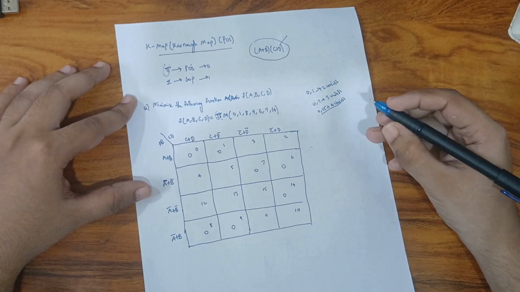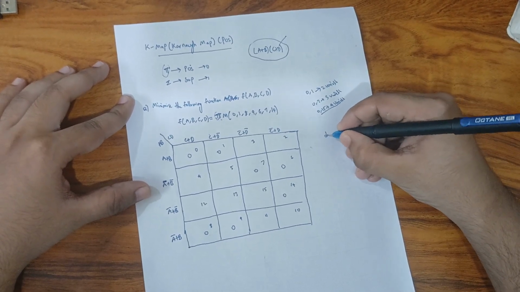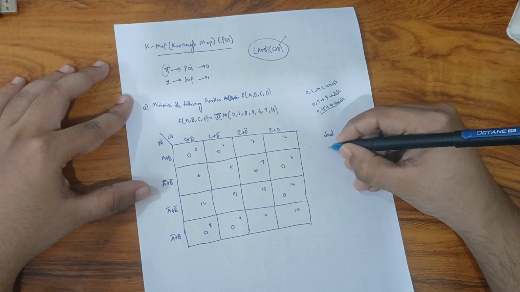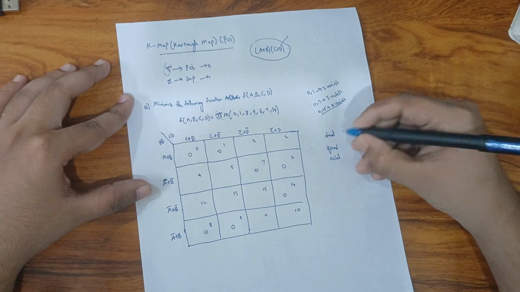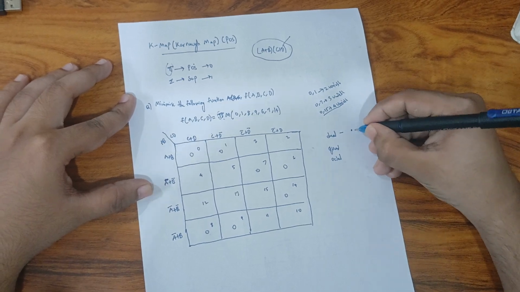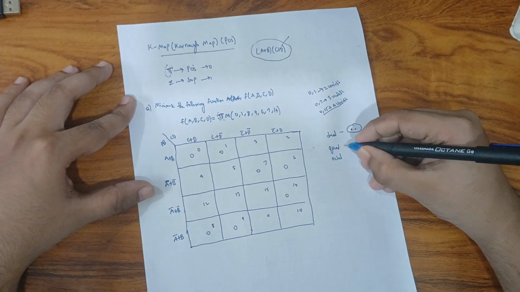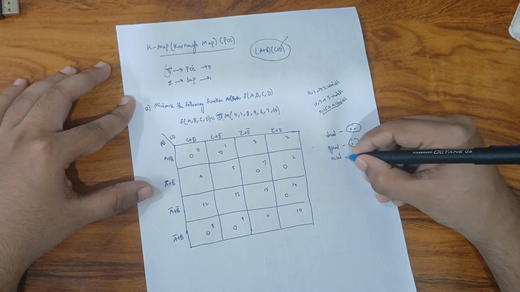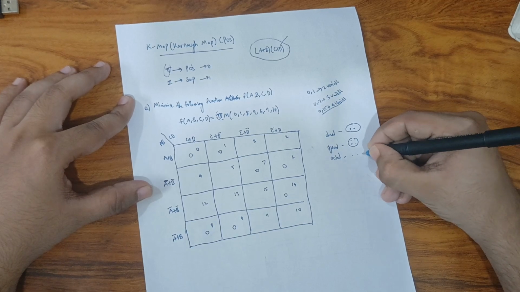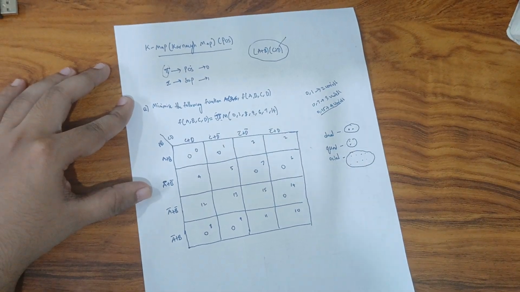I already told you in the last video that we have three types of grouping, that is dual, quad, octal. So in dual we basically map two adjacent minterms, and in quad we map 4 adjacent minterms, and in octal we map 8 adjacent minterms.